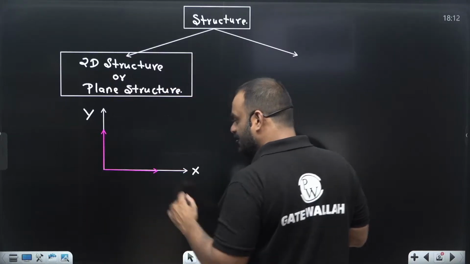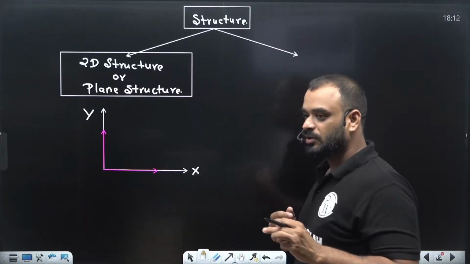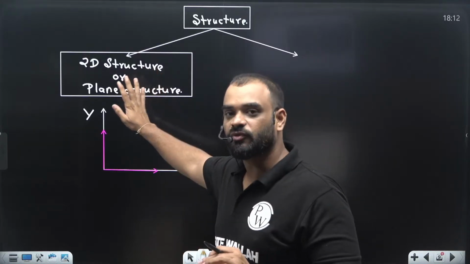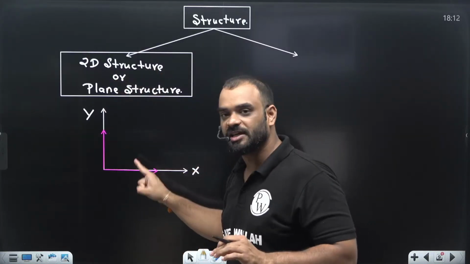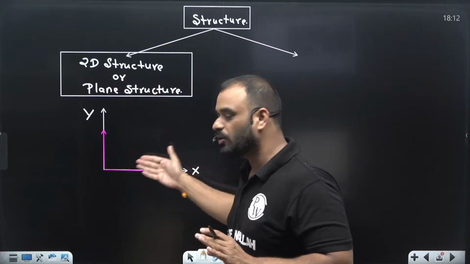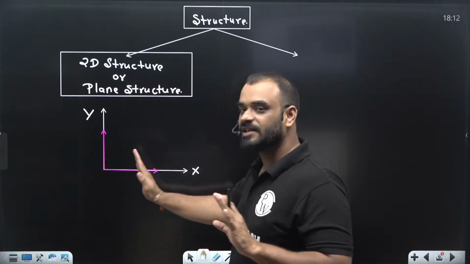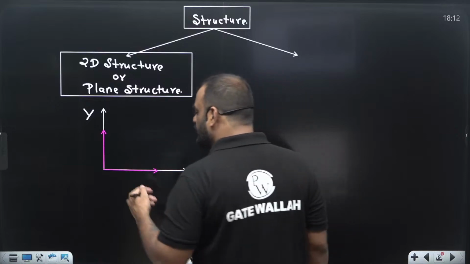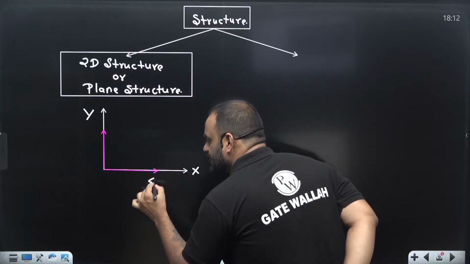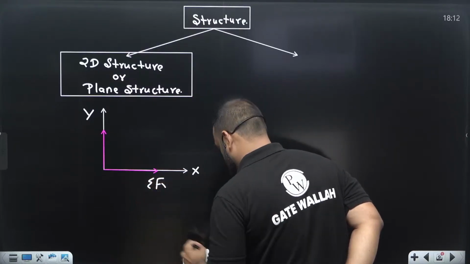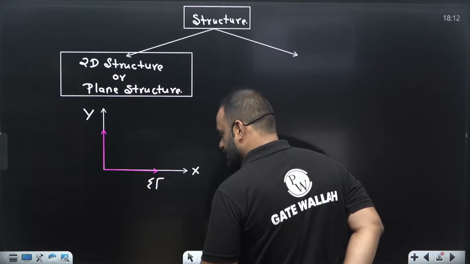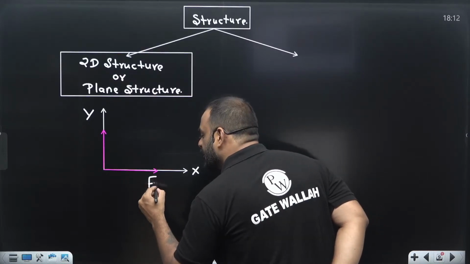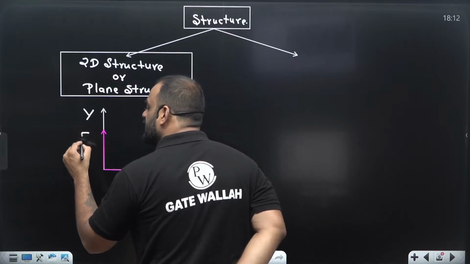So can I say that these are the two static equilibrium equations for any kind of 2D structure, because both types of forces lie on a single plane. So we'll consider these two first, then later we will discuss the others. This one is Fx force and this one is Fy force.